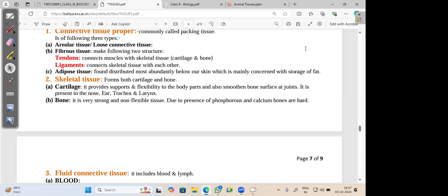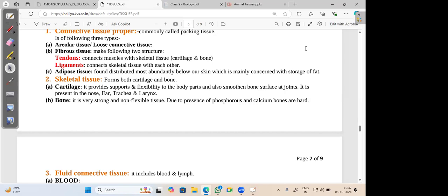So is it a bone or a muscle? Yes, sir, bone. Or muscle. No, it's neither a bone nor a muscle. It's cartilage. Your ear pinna and your nose.